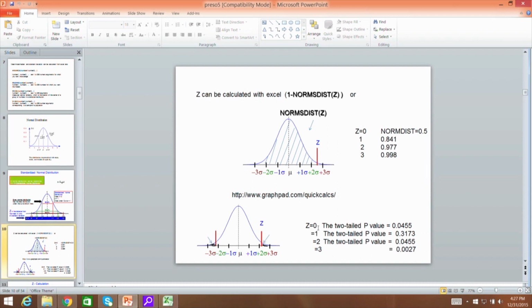So when I give Z equal to 1, it gives me these two areas. If I want to know only one side, I just divide by 2 to get the area on only one side, understand.